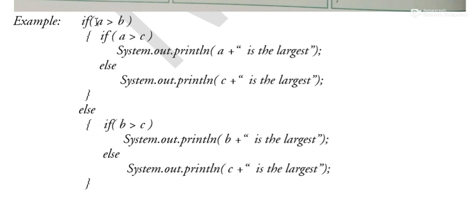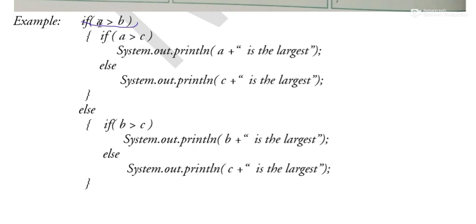There are three variables a, b and c, and by using this program we have to find the largest among all three variables. First of all, if a is greater than b, and if this statement is true, then it will check if a is greater than c.